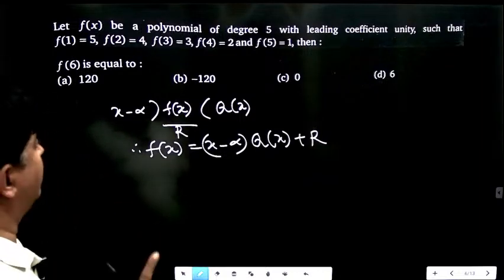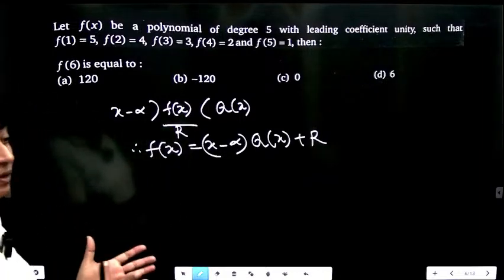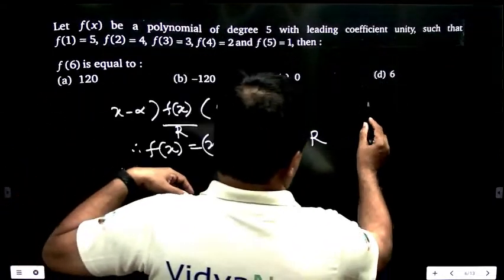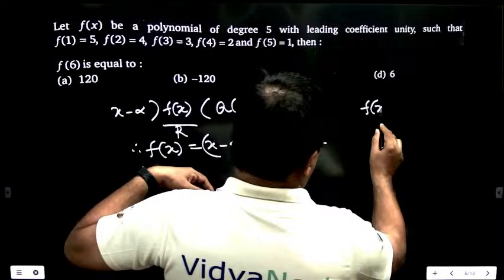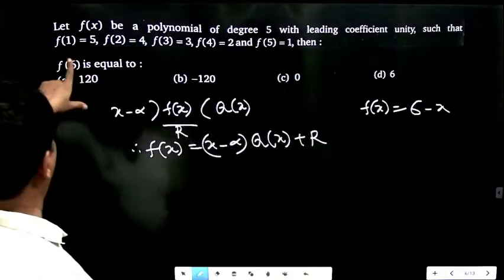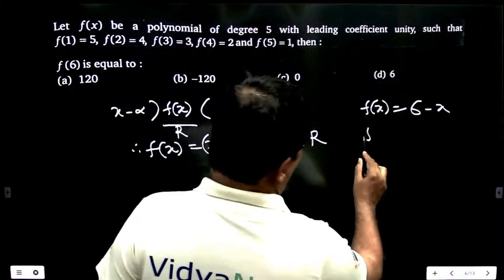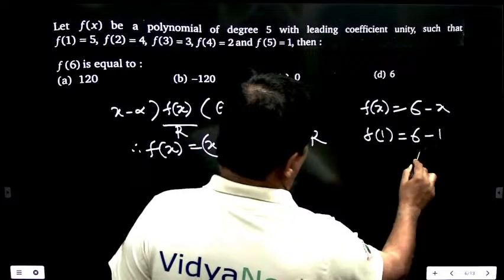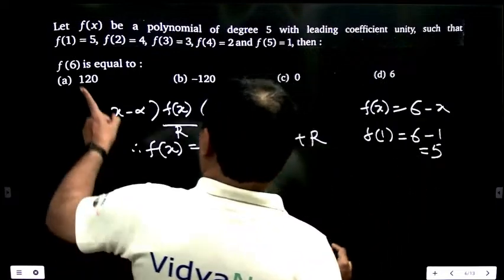Maximum students will make a mistake even after catching the proper relation. See, maximum students will say fx is equal to what? 6 minus x. Why? If you put 1, 6 minus 1, 5. Matching?